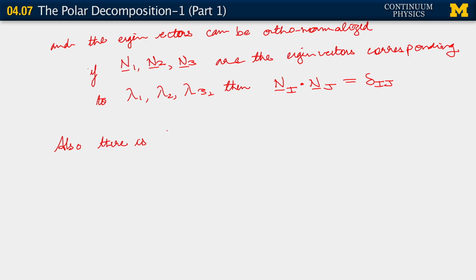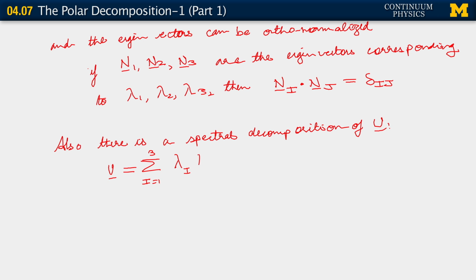There is another decomposition that one can write for U, and this decomposition is inherited from the eigenvalue problem, and this is that there is a spectral decomposition of U. And that spectral decomposition is that U is the sum i going from 1 to 3 of lambda i multiplying the tensor product of each eigenvector with itself.